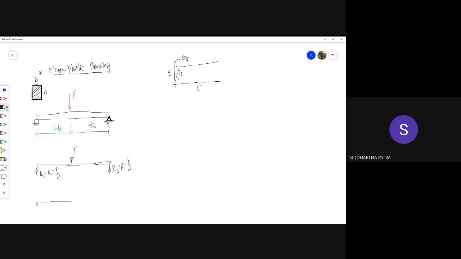If I draw it from left to right, it is going to be this. Or if I choose to do it from right to left, it is going to be different. But when it comes to the bending moment, it's going to be the same from both the sides. Whether you draw it from left to right or right to left, it is going to be the same.